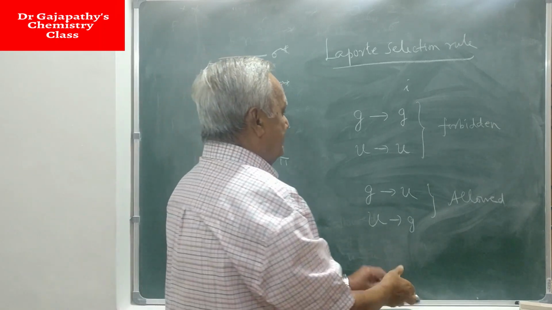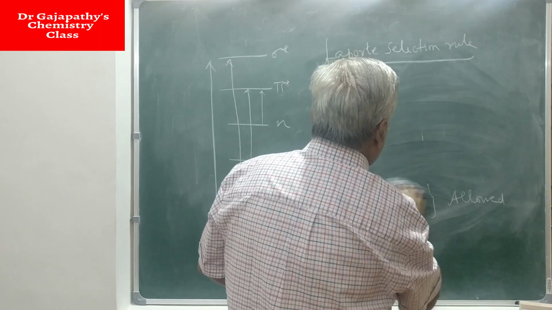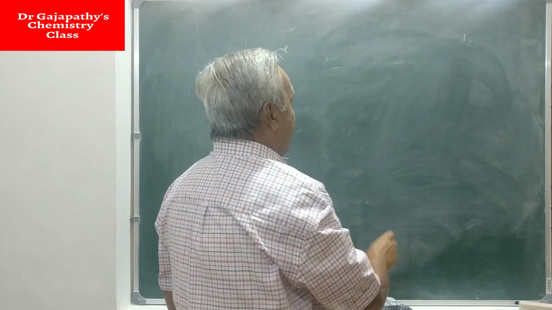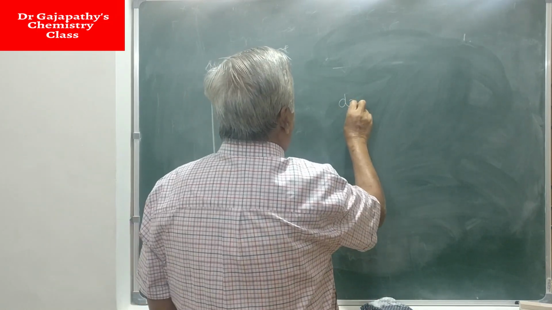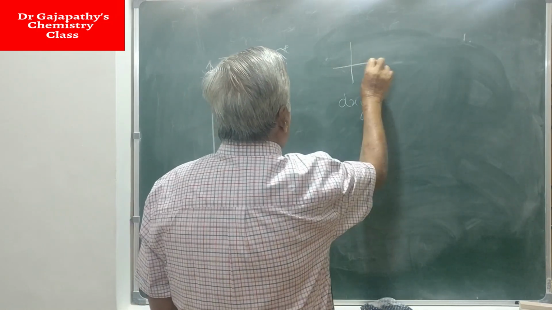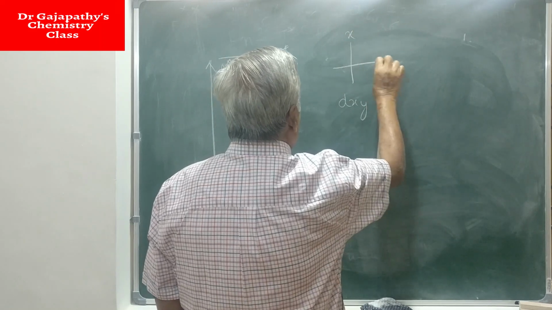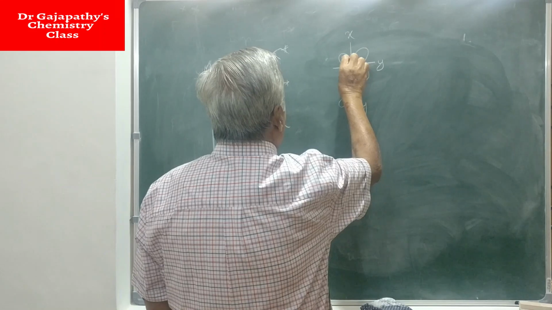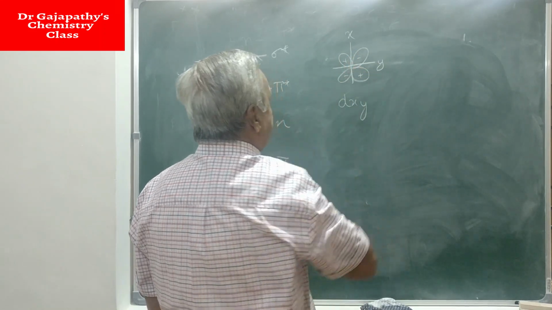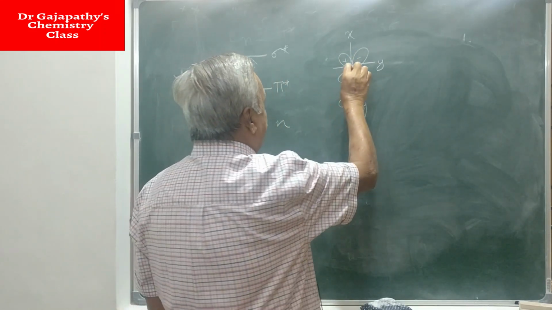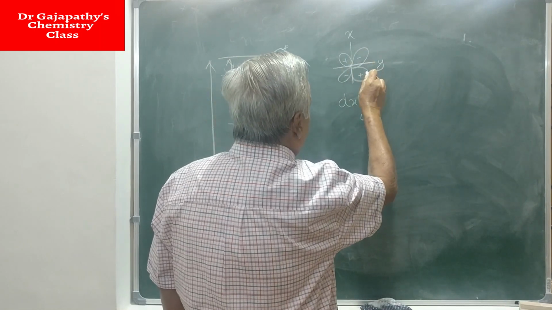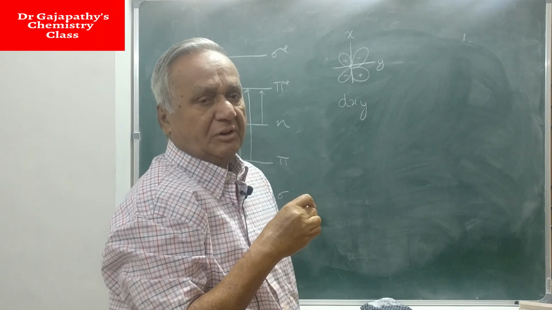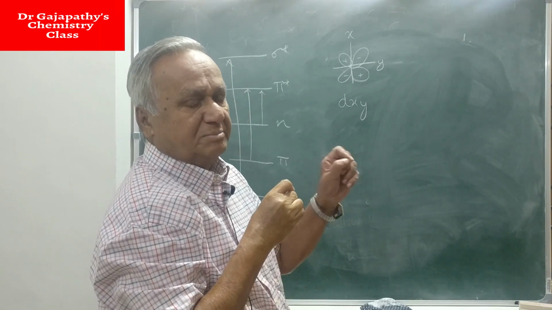Now, say for example, I have a t xy orbital. I can represent it like this. If this is x and this is y, the xy orbital is this. So there is a central symmetry, and plus comes here and plus goes over there. So i is present in this molecule.